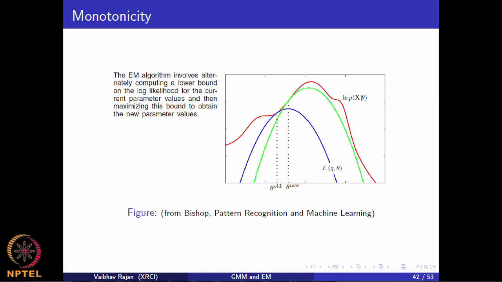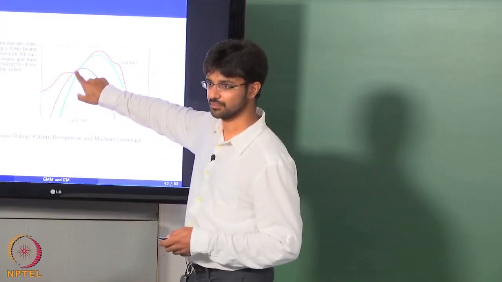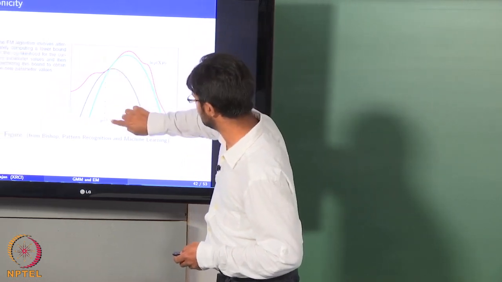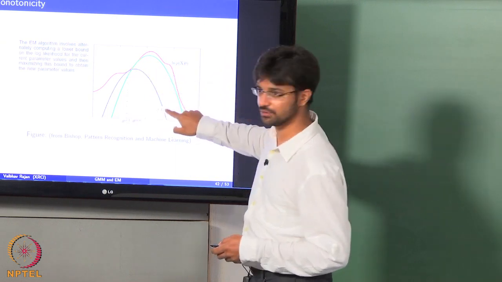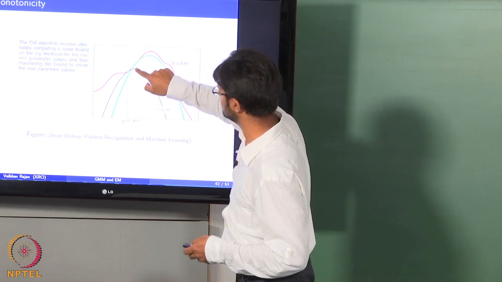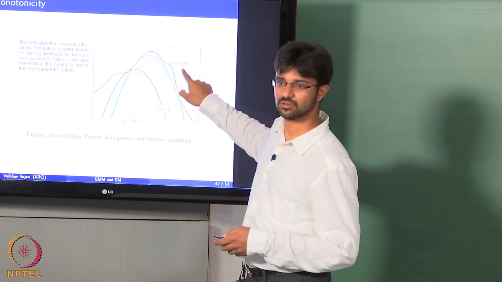The important point is that at the E step this bound is tight, which means this is touching the red curve, and if you maximize this you will get a new set of parameters which will increase the L value. But because this is touching it and because this is a lower bound, it will also increase the likelihood value with respect to the original theta.